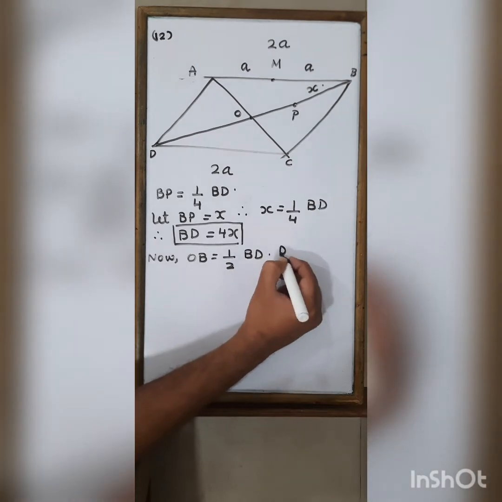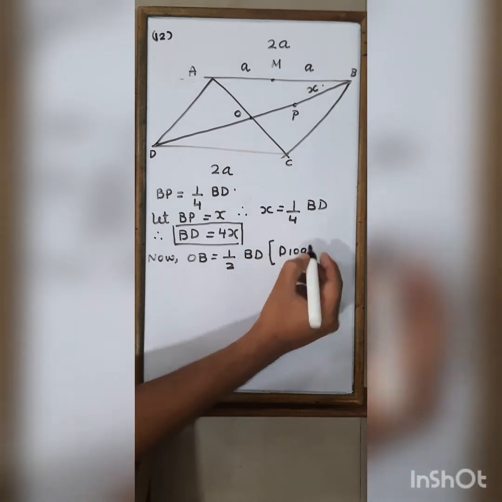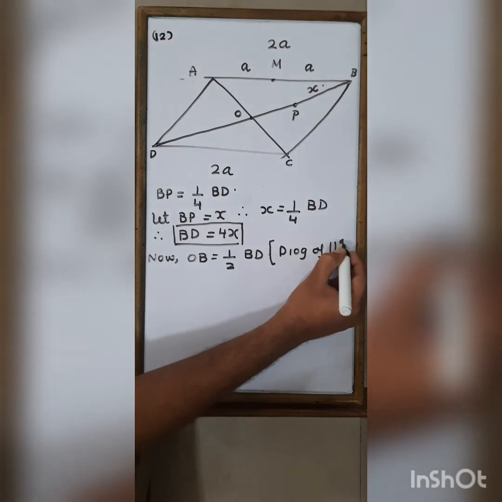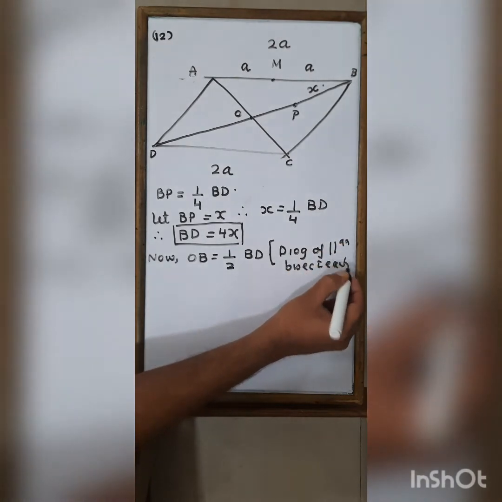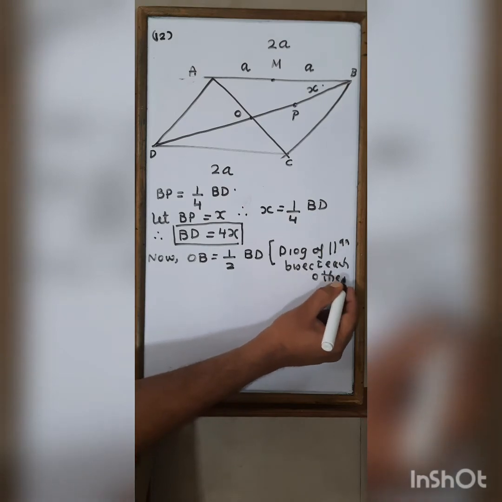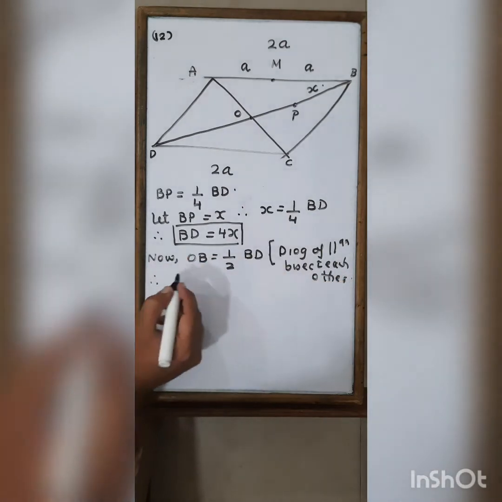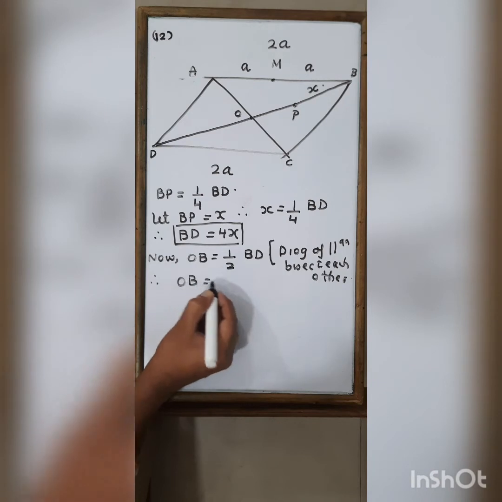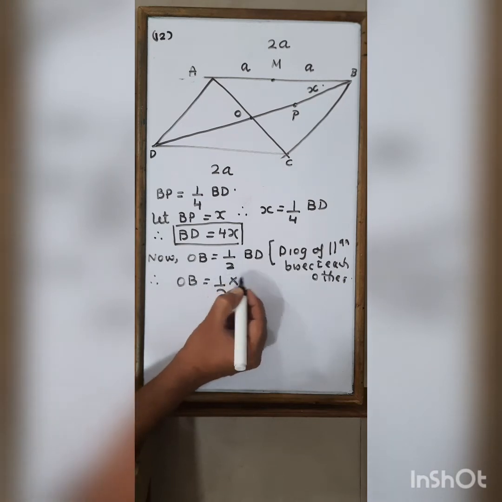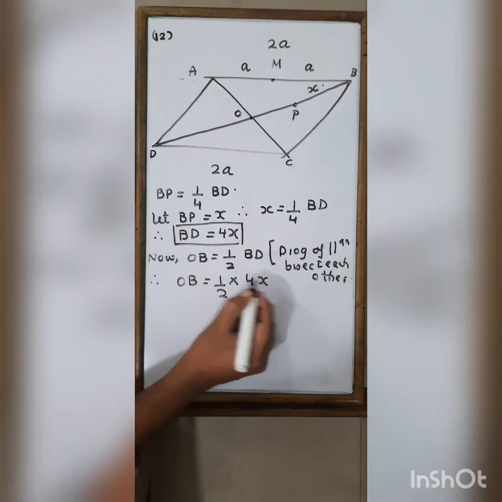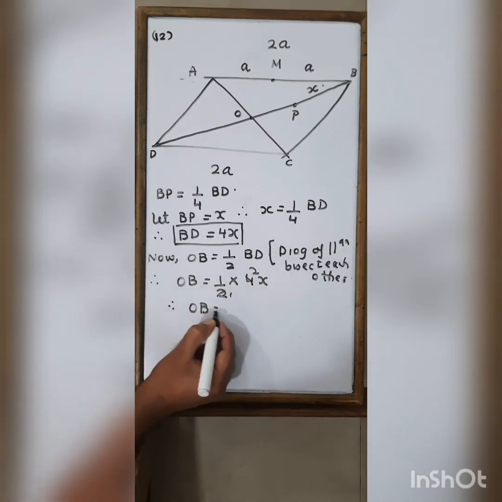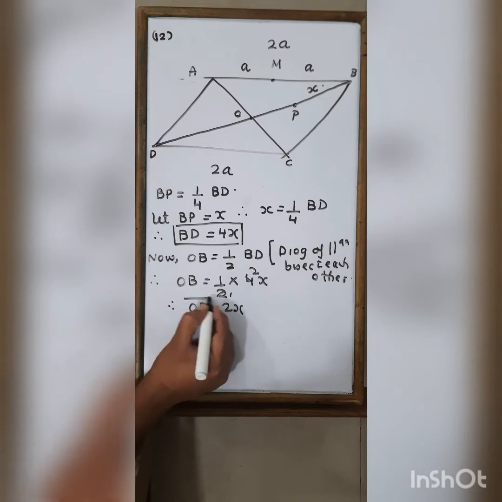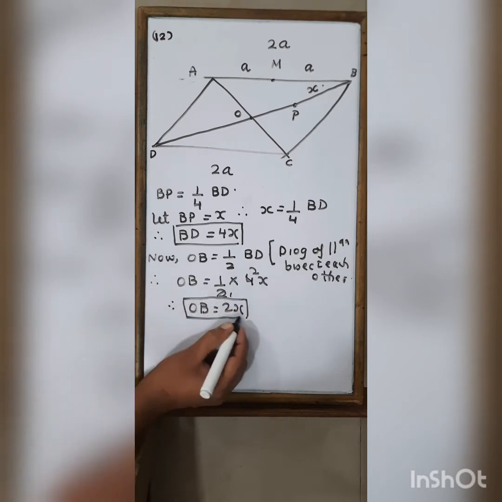Reason is diagonals of parallelogram bisect each other, right? So now can I say therefore OB is equal to half into BD. How much is BD? It is 4X. So 2 ones are, 2 twos are. So therefore can I say OB is equal to 2X, right? So my OB is equal to 2X.